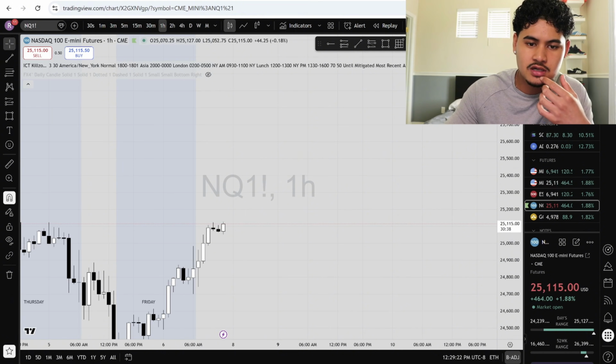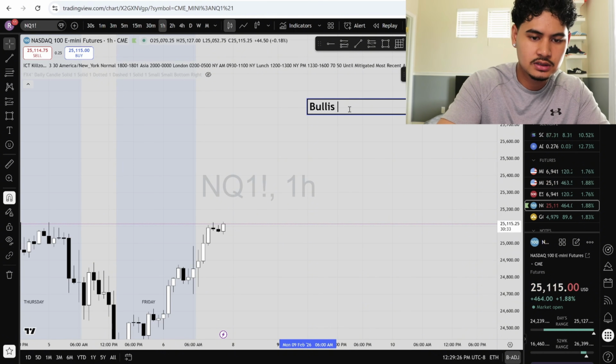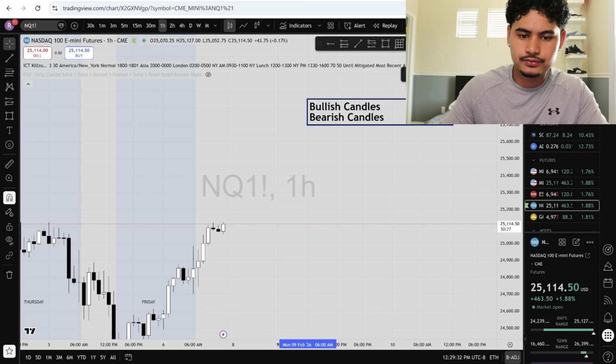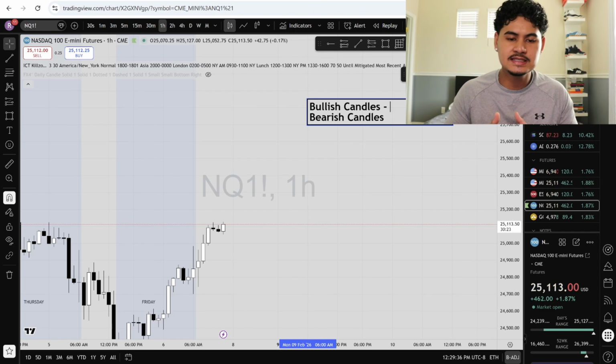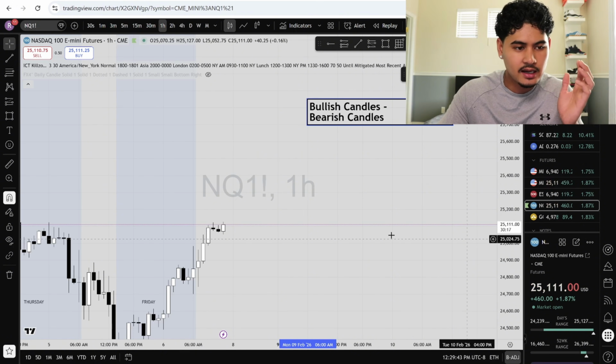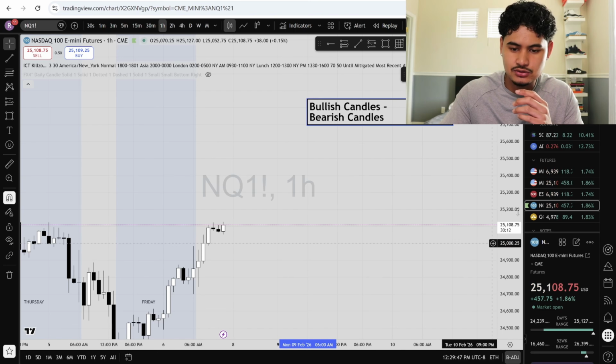There are two types of candles: bullish candles and bearish candles. So what is a bullish candle? Whenever I say a bullish candle, that means price started at a certain point. Say, for example, the price for NQ right now is at $25,110, as it says right here.